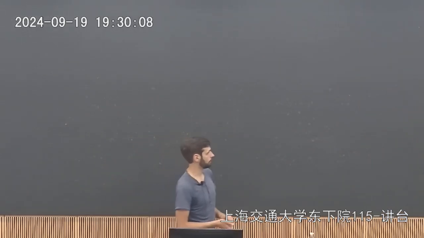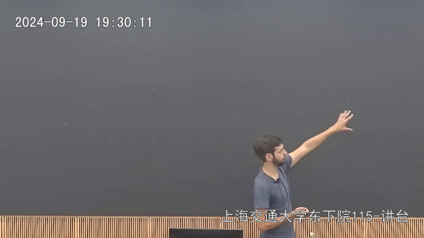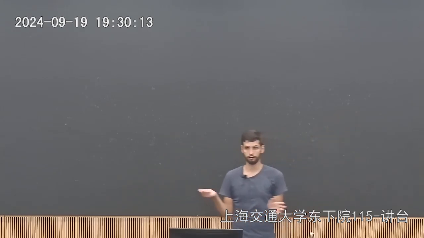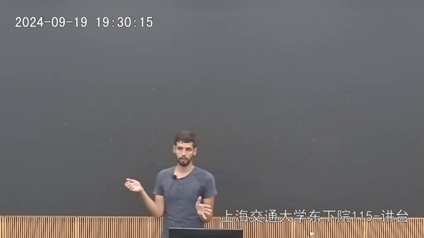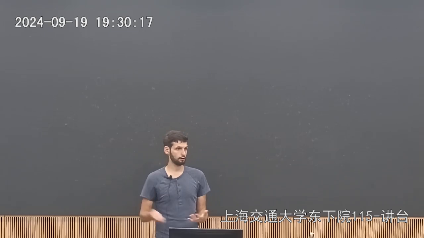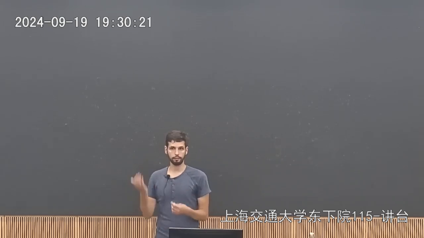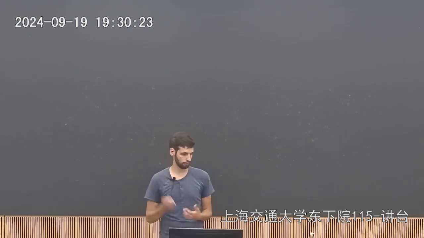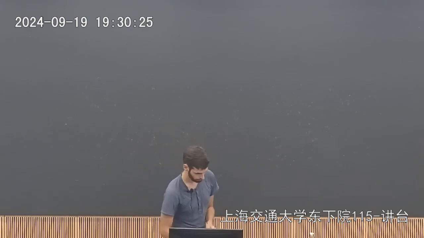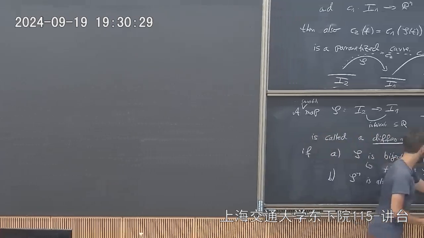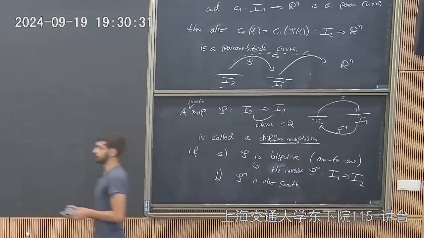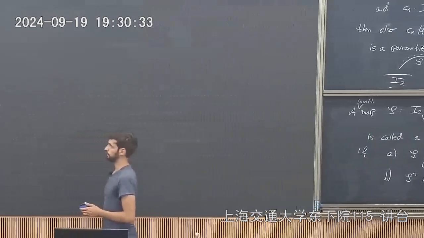One advantage of this concept of reparameterization is that you can ask yourself: if I have one curve, can I find a parameterization so that certain elements are really nice, or so that I can study it in a certain nice way? One of the simplest kinds of curves are those that have unit speed.